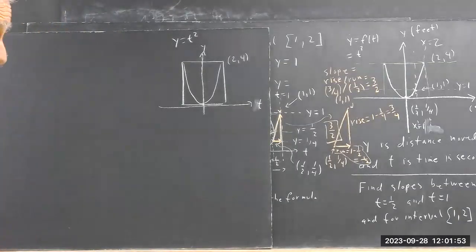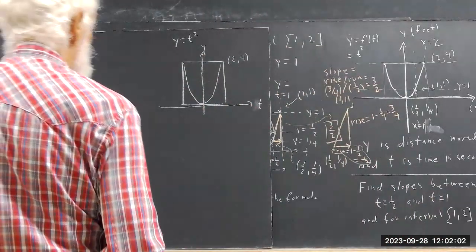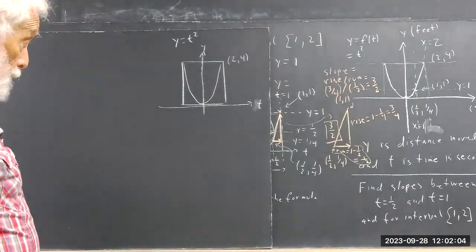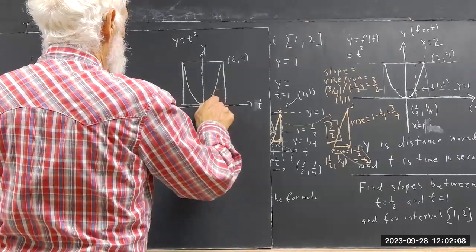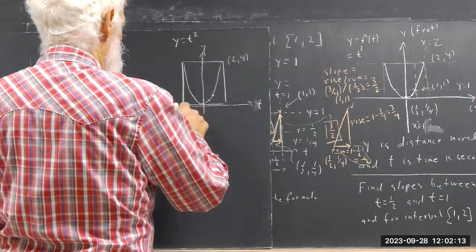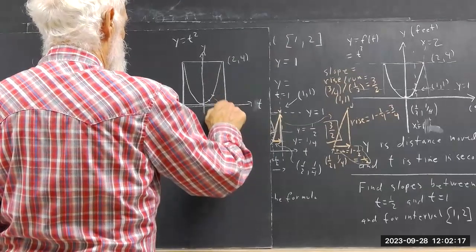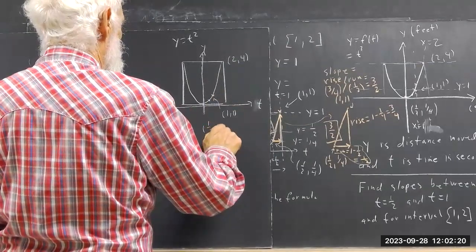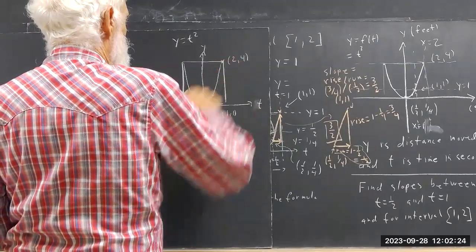You have to change your function. Multiply all your y values by 12, and you get inches. It might be worth talking about. Okay, well, here we've got this point and this point, and these points are 1, 1 and 1/2, 1/4.